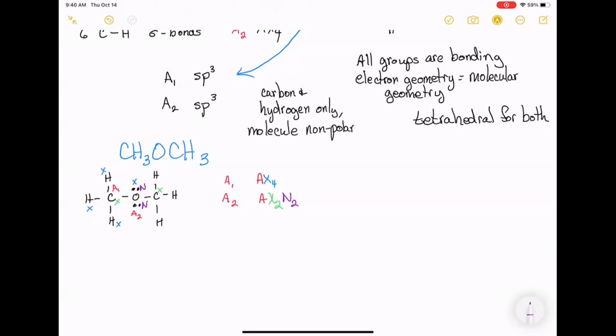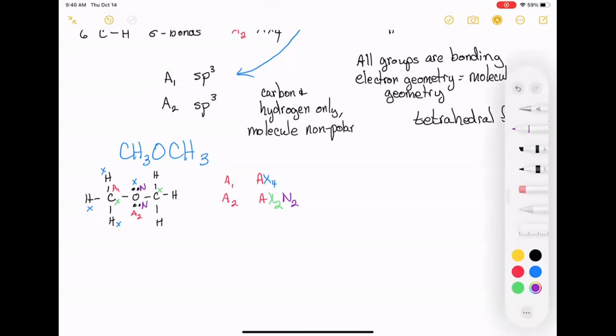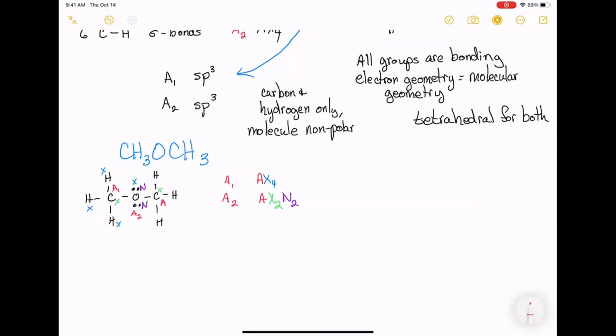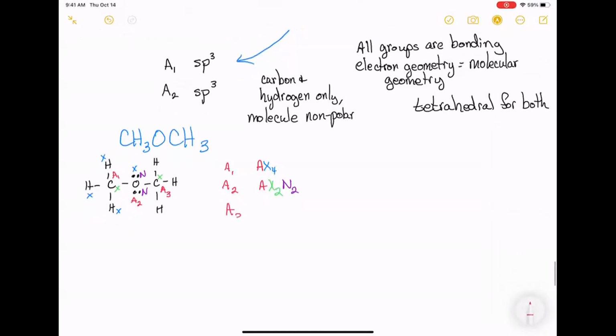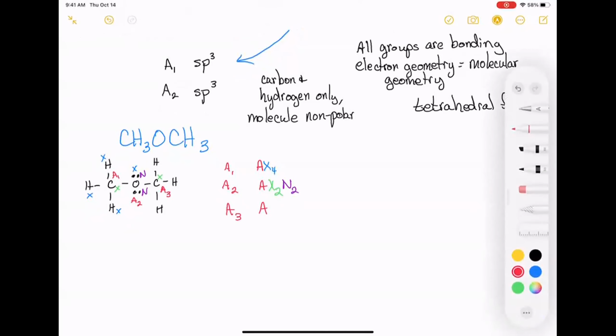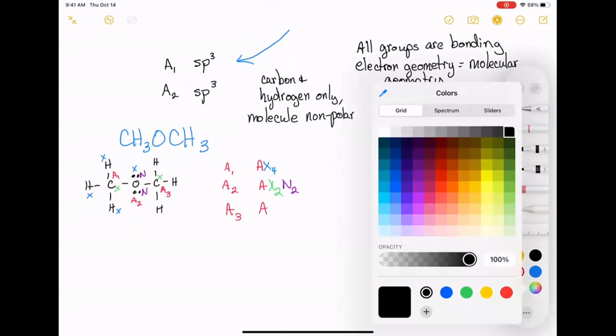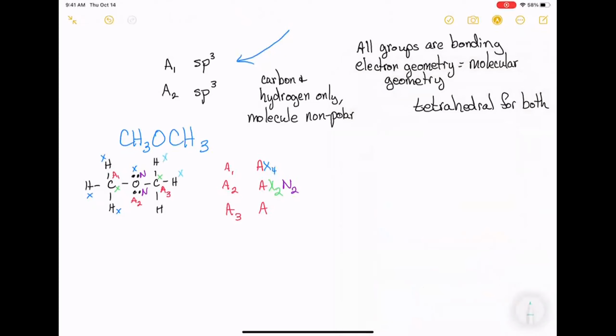So the second central atom is AX2N2. Finally, we can look at our third central atom. To that central atom, you have 4 elements bonded to it. So it's AX4.